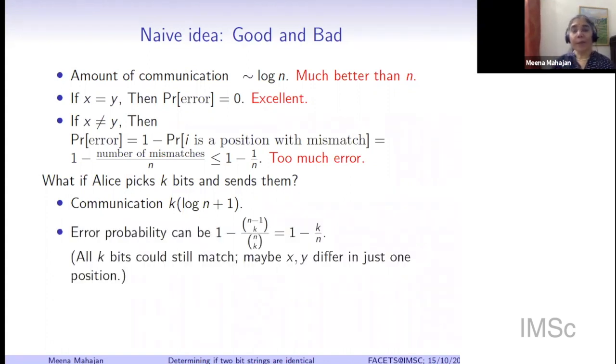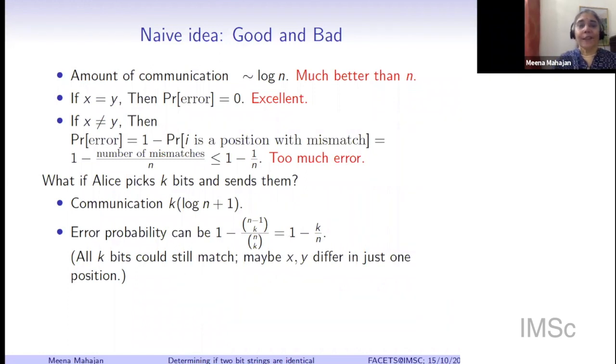What is the error probability? Well, again, remember, all we know is that X and Y are not equal. So this protocol will correctly detect that X and Y are not equal if at least one of the k positions picked was a mismatched position.